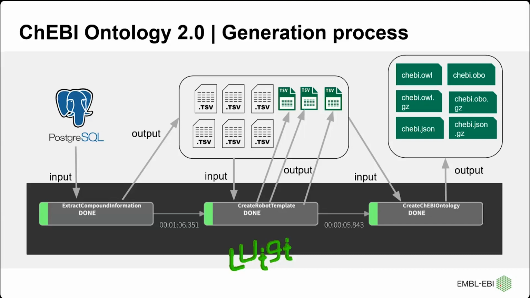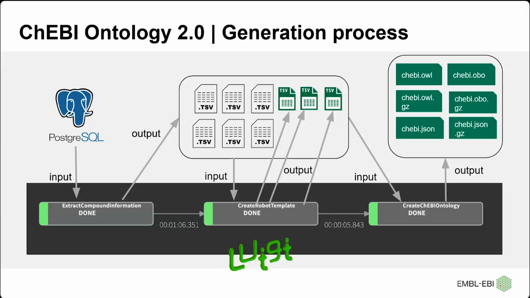Once we finished migrating all the data, we started to work on a kind of ETL to generate the new ChEBI ontology. We are using Luigi, which is a very cool framework to create ETLs, and we are using Python 3.11, one of the latest versions of Python.